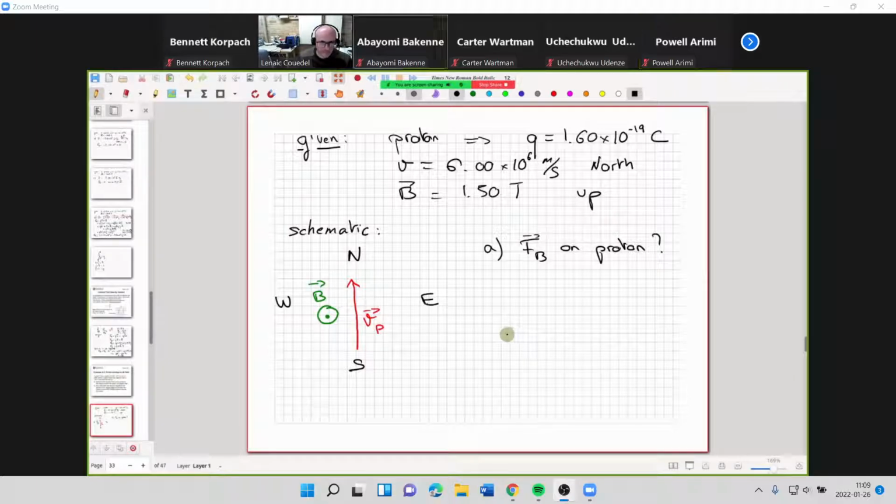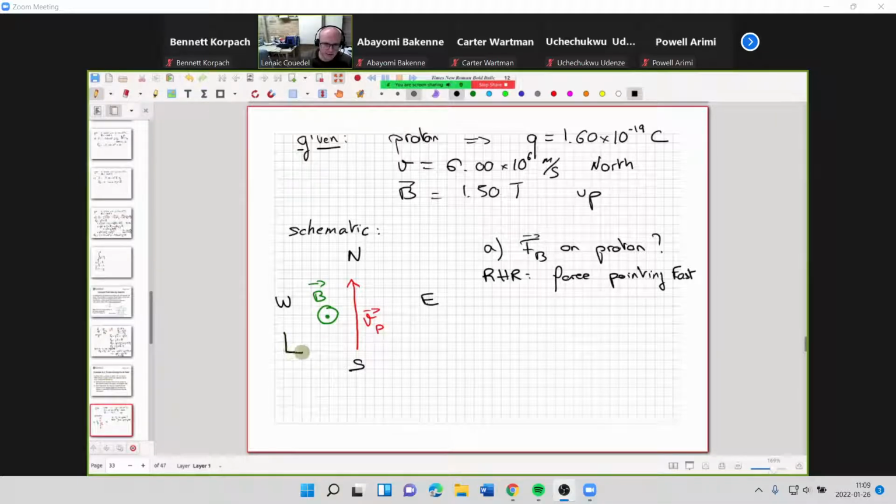Okay, right hand, finger pointing up, curling towards the magnetic field. The force is pointing east. Okay, right-hand rule, force pointing east. All right, so for convenience, I will add Cartesian coordinates on this.